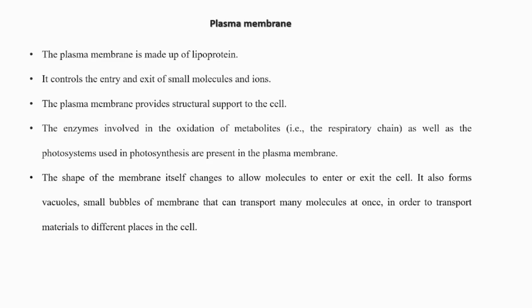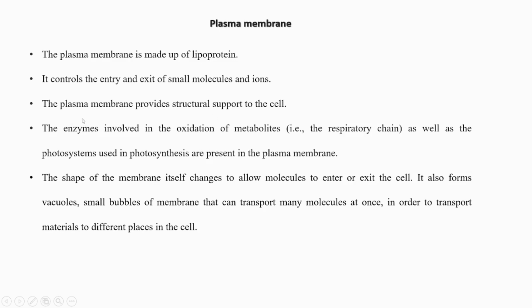The plasma membrane is made up of lipoprotein, and it is like a barrier which controls the exit and entry of molecules and ions. It's like a gate which prevents the entry of unwanted substances. It allows only the nutrients, molecules, and ions which are essential for the bacteria's growth and multiplication.